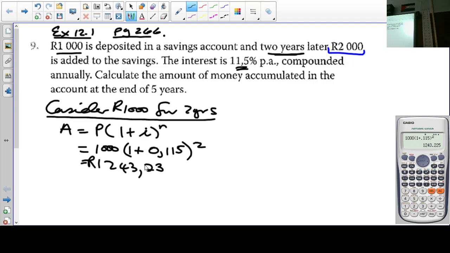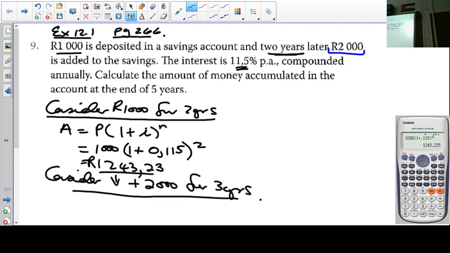Does it make sense? So now we're going to consider that amount plus the 2,000 rand for how many years now? For the remaining 3 years. That's what's going to happen now.